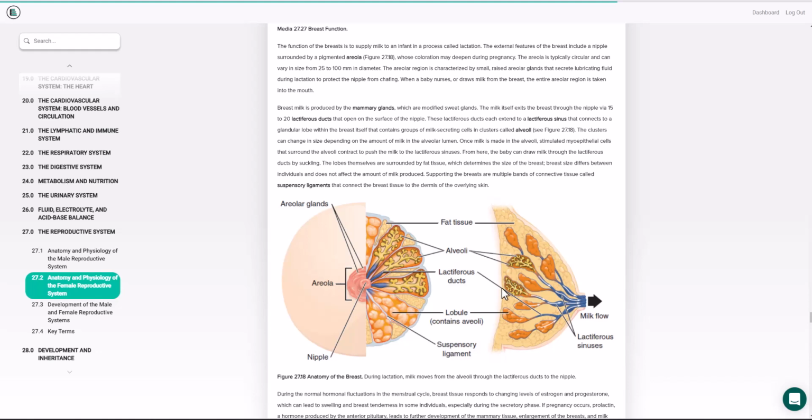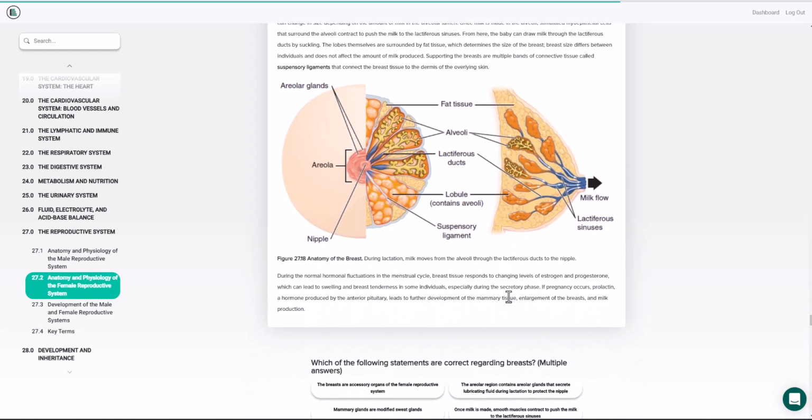The milk is produced similarly to sweat or saliva or other glandular secretions, and so the breasts are oftentimes just called modified sweat glands because they work very similarly in producing milk. The milk is produced and travels through ducts. All those ducts merge at the nipple and are released for lactation. But we're not going to go into any details on the breast.